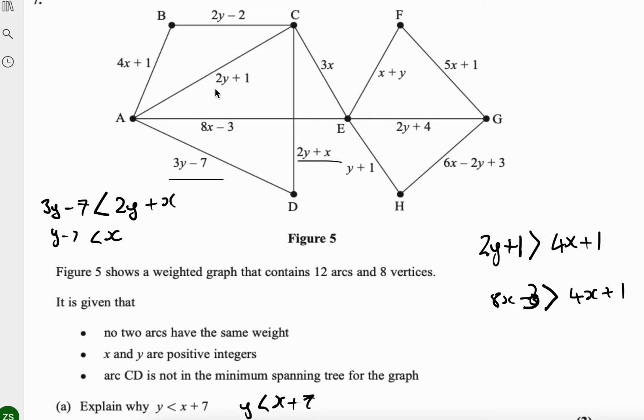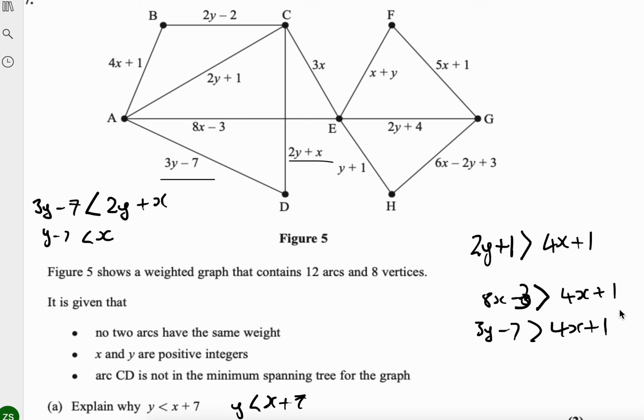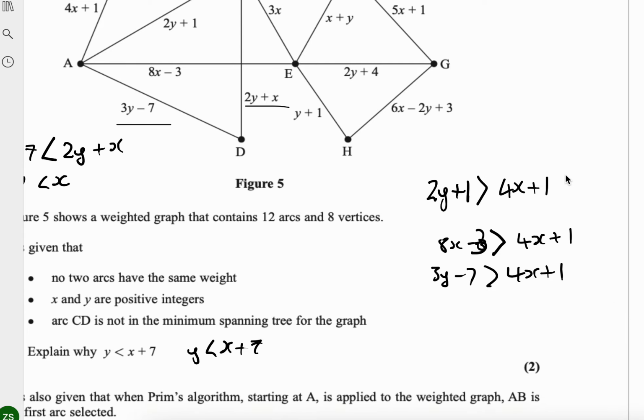So 3y minus 7 is greater than 4x plus 1. Now if you simplify these down, minus 1 from both sides, divide by 2, we get the inequality y is greater than 2x.